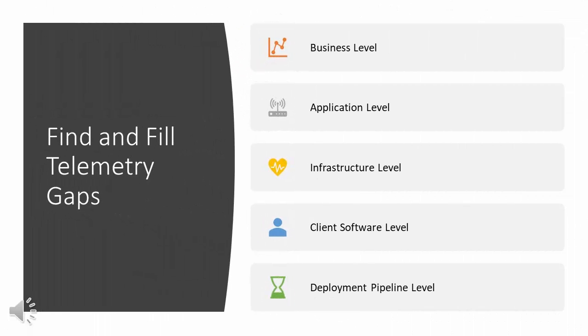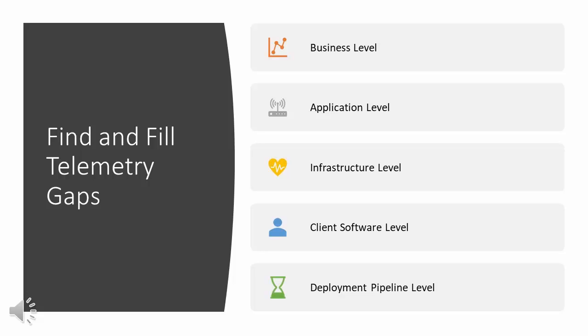Now, while we're talking about the different types of telemetry and different logging levels, it's important to find and fill telemetry gaps in our application stack, in everything. On the business level, we need to know, for instance, the number of sales transactions and revenue of those transactions, user sign-up, churn rate, testing results, etc. On the application level, we need to know transaction time, user response time, and so on.